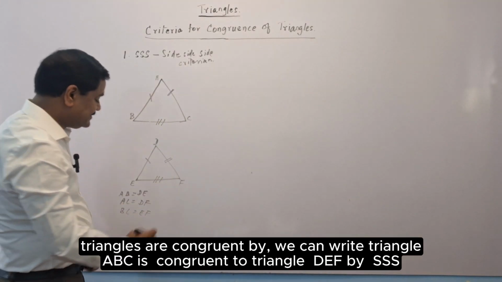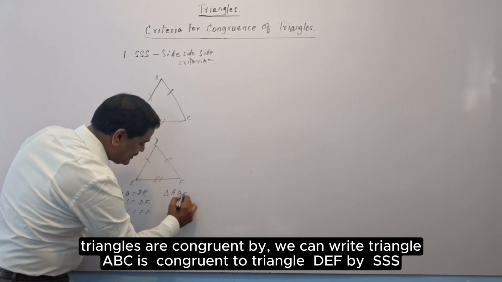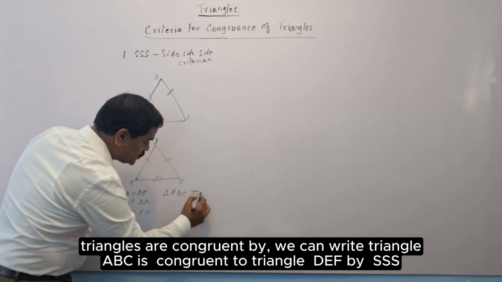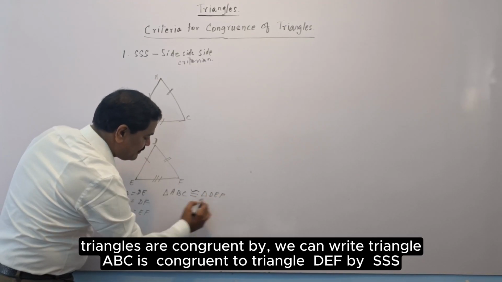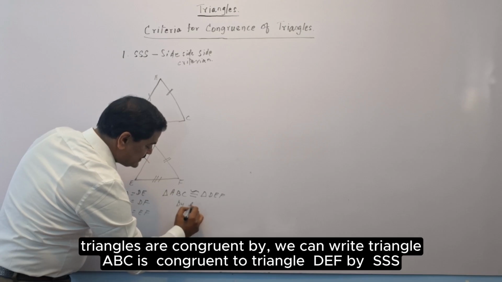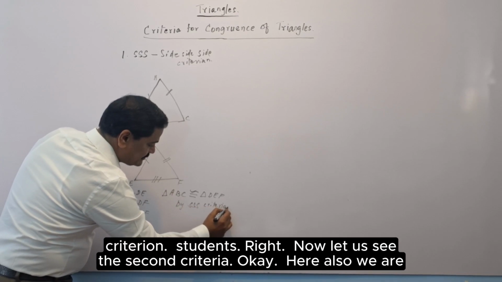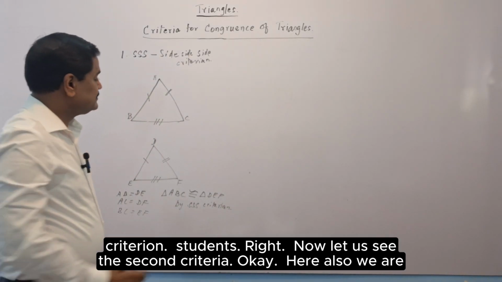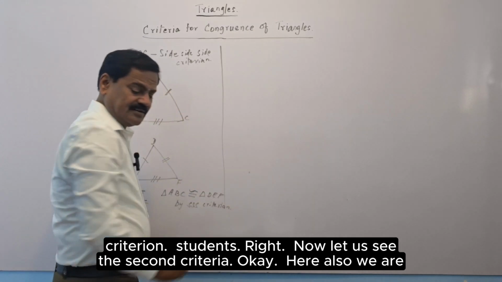We can write triangle ABC is congruent to triangle DEF by SSS criterion. Clear, students? Now let us see the second criteria.